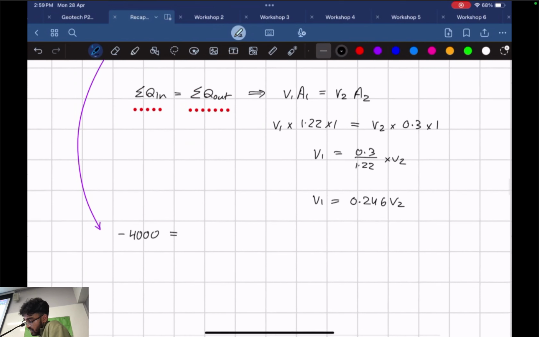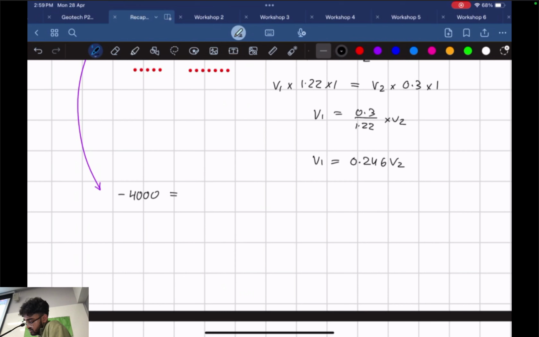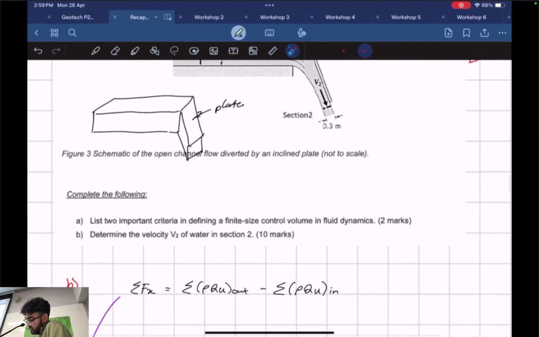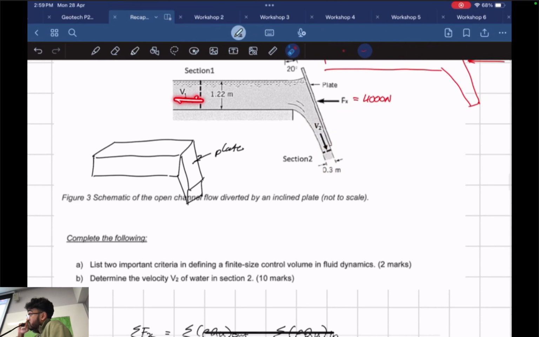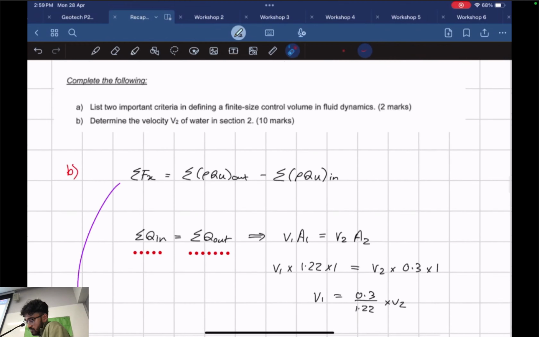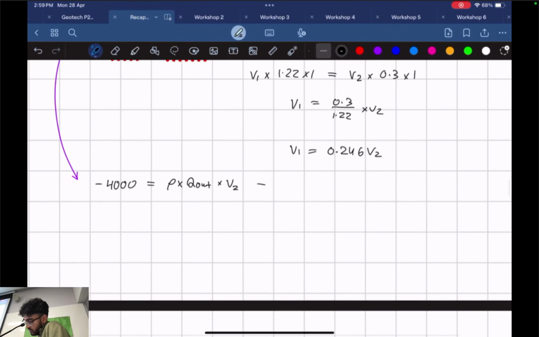So let's take a look at our outflow now. We've got density times Q out times V out, which is just V2, because V2 is the velocity going outwards and V1 is the velocity going inwards. Next, we have density times Q in times V1.